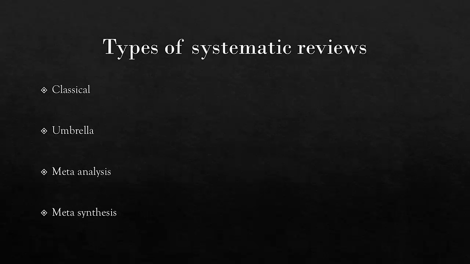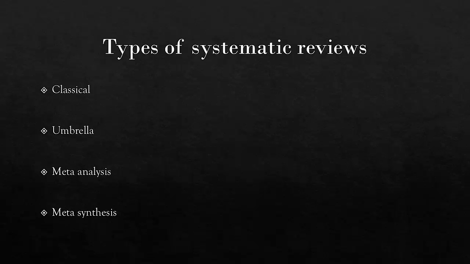Now there are several types of systematic reviews. First of all, the classical type. I used this term already. It is the typical systematic review that we might think of. It includes the original research articles, and in this review you synthesize upon them, summarize, etc., and write your review on that.